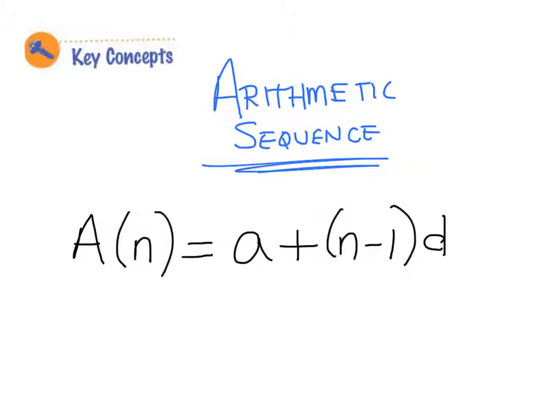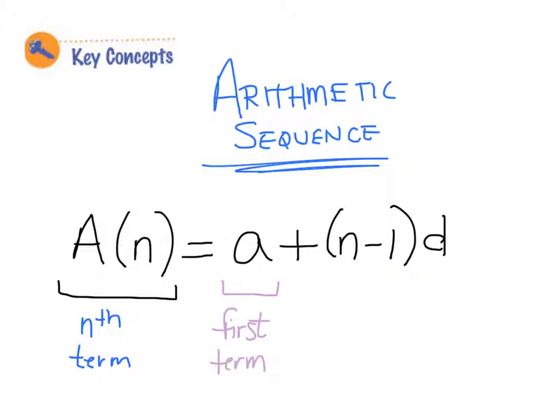Now you're like, oh my gosh, what is all this stuff here? This right here, A of n, is the nth term of the sequence, which means it's a function rule. It's a rule that works for any term of the sequence. It's the name of the function. This term, the A, represents your first term. Notice in the problem we just did, the first term was 7.